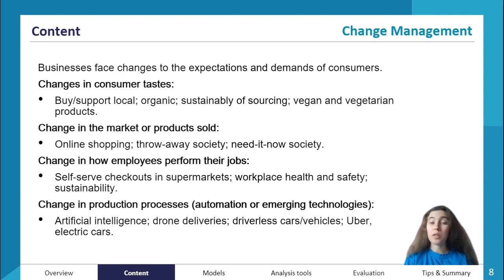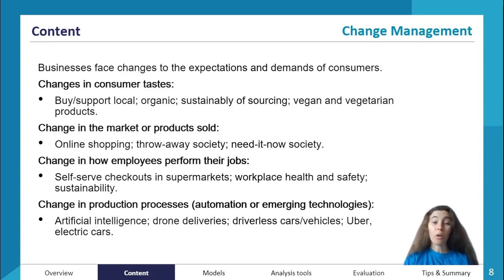We want to look after the environment more and make sure that we're treating people and all of the people and things that are involved in the production process well. And also things like vegan and vegetarian products are also things that have developed in terms of consumer tastes over time. And these are all things that businesses need to factor in to their decision making and potentially make some adjustments for. There's some other examples here as well.